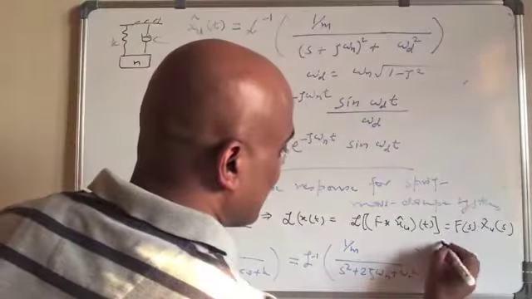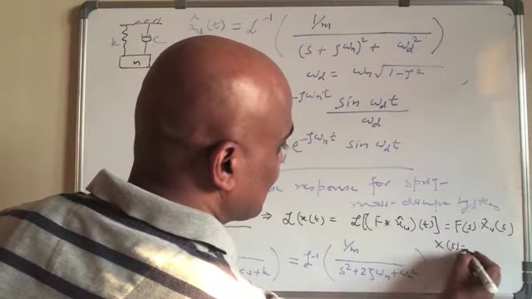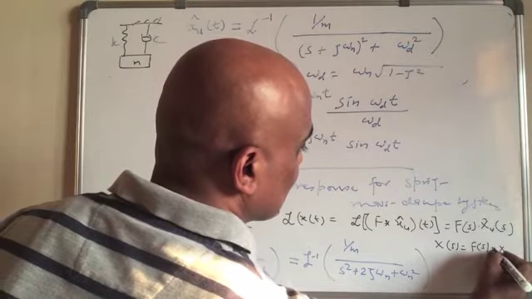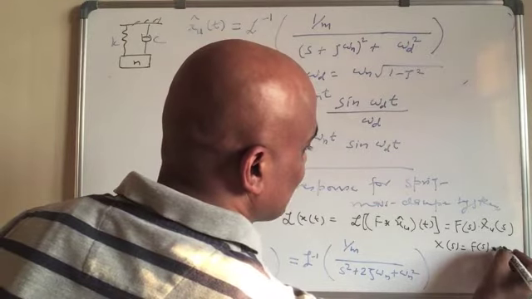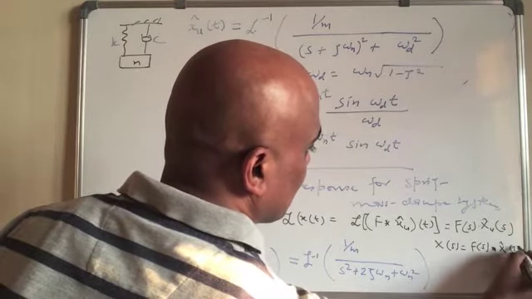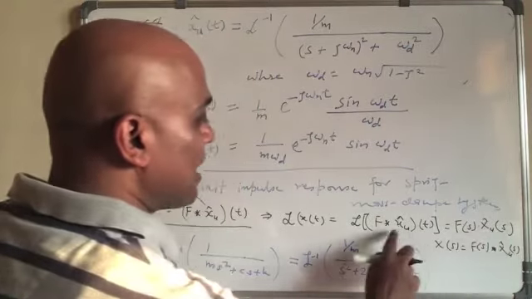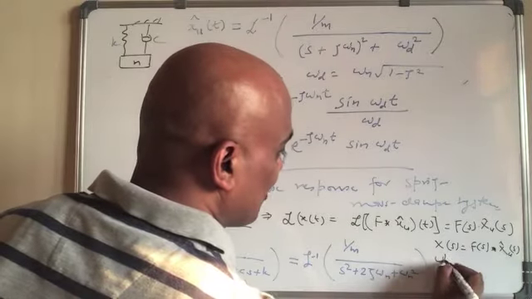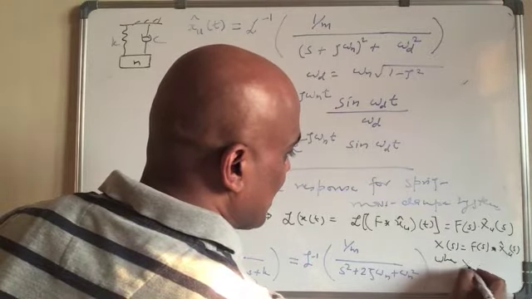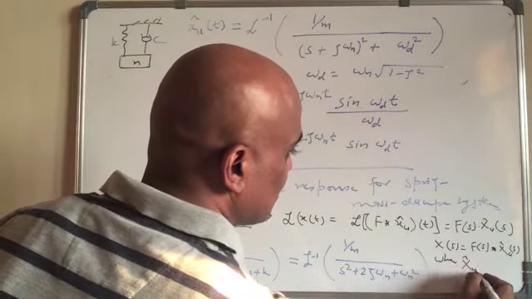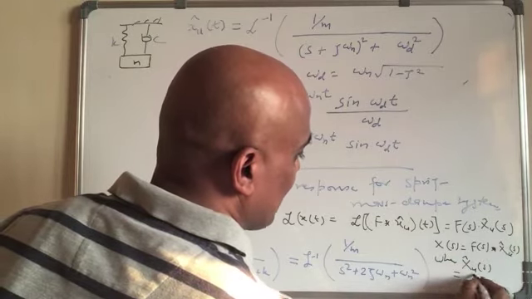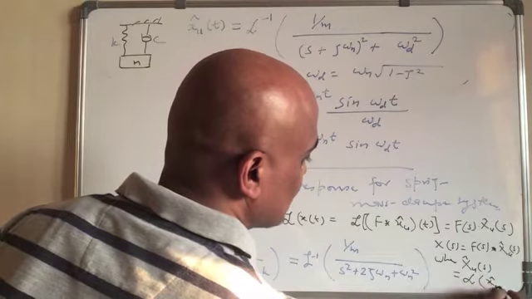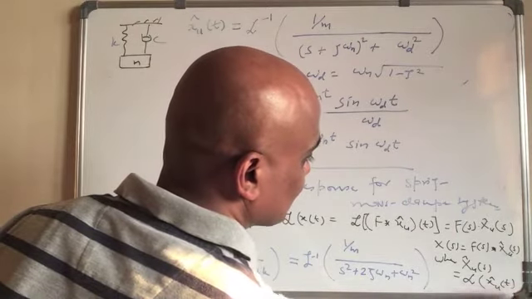So basically X(s) equals F(s) multiplied by x hat u(s), where x hat u(s) is the Laplace transform of x hat u(t).